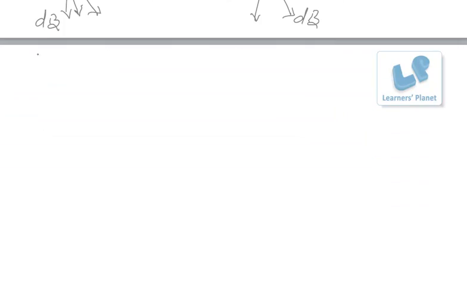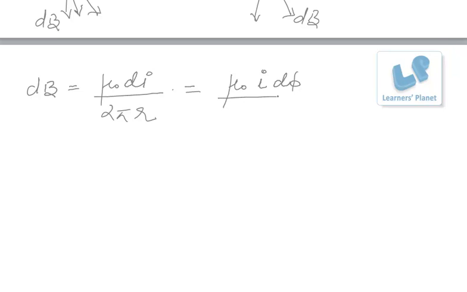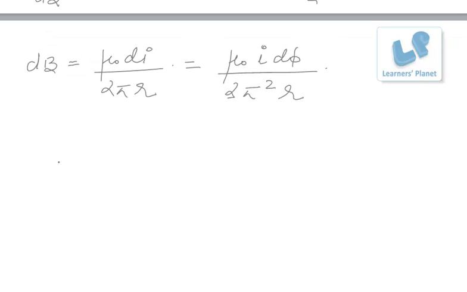Now what was the value of dB? dB was equal to mu naught di upon 2 pi r. Now this can be further written, as di is I d phi upon pi, as mu naught I d phi upon 2 pi square r. Now this magnetic field dB is making an angle phi.